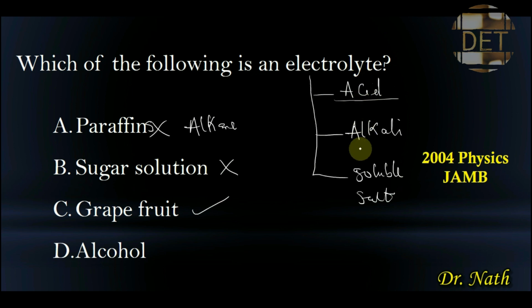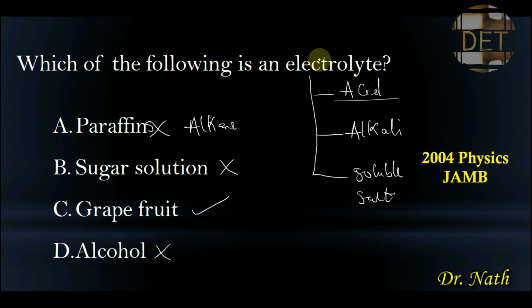We've said that electrolytes occur in three basic forms: as acids, as alkali, and as soluble salts. So grapefruit contains acid, which means that it will conduct electricity and it will be decomposed at the electrodes during electrolysis. So grapefruit is an electrolyte. Is it alcohol? Alcohol is an example of a non-electrolyte, so it is not an electrolyte.